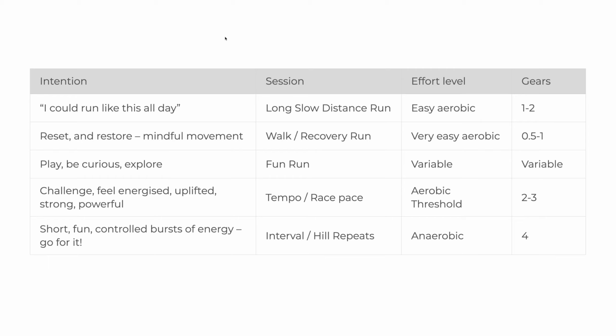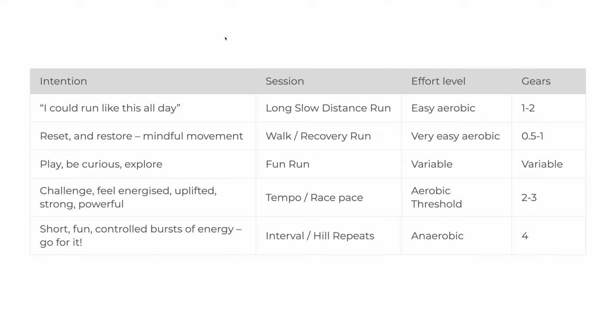Without a doubt, you need to put in a fun run. If you're only doing one run a week, make sure it's a fun run. This is where you can just be curious, play and explore. You're not really having any other intention apart from that. You could go out for a fun run, you might end up running 20 miles, or you might end up running for 10 minutes. That's really irrelevant.